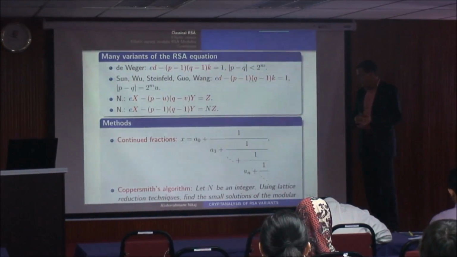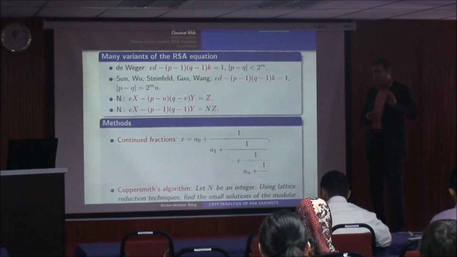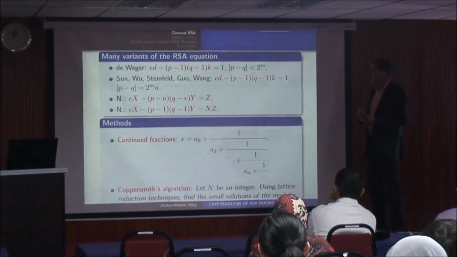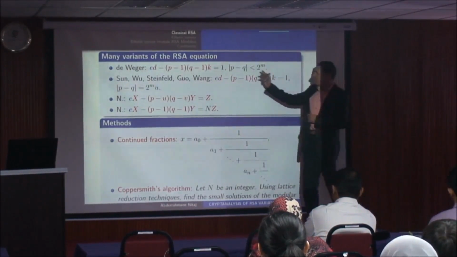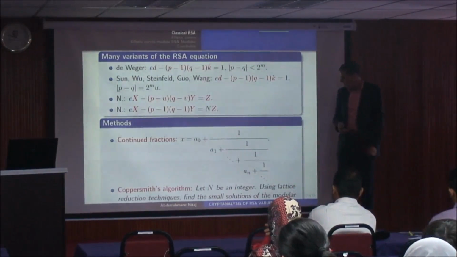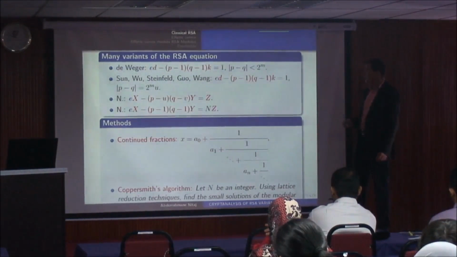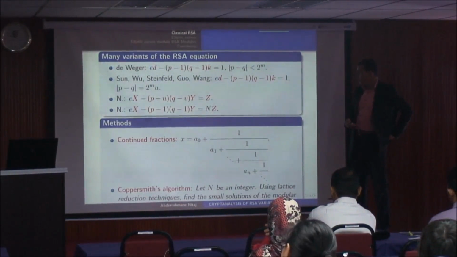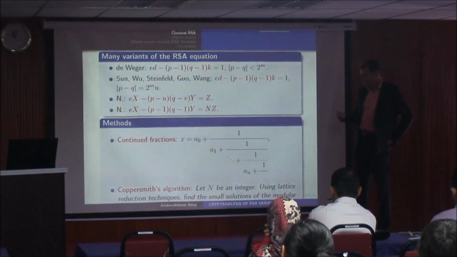And the LLL algorithm can reduce the basis in order to find small vectors, and using those small vectors we can find small solutions to mainly this equation or this one or this one, and so on. So these are the main variants of the RSA equation.